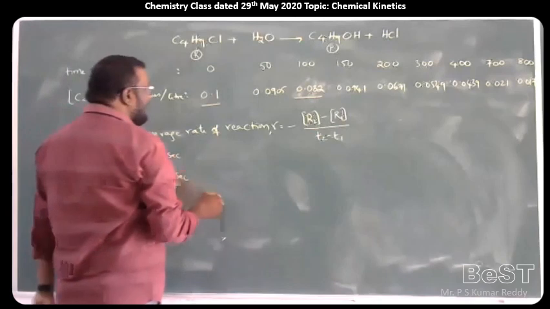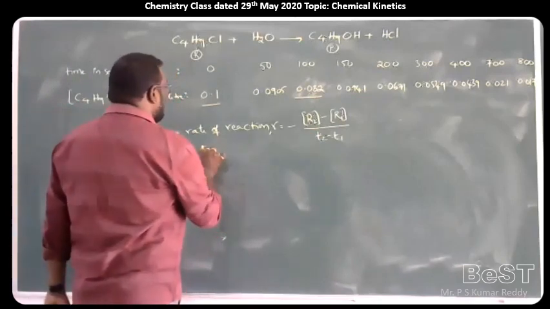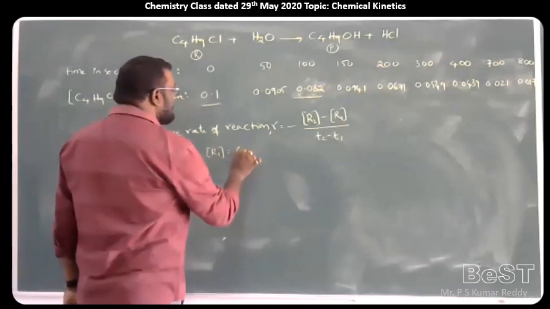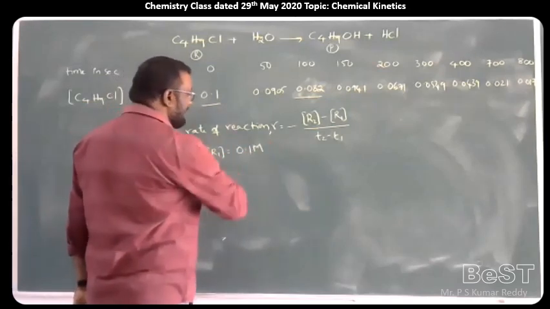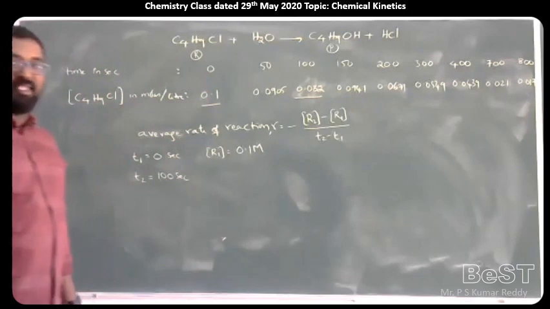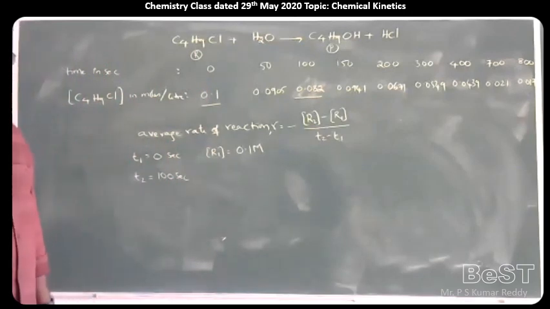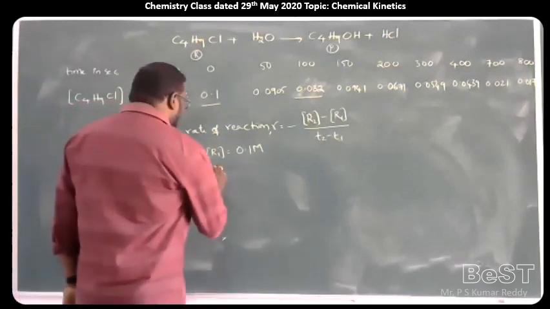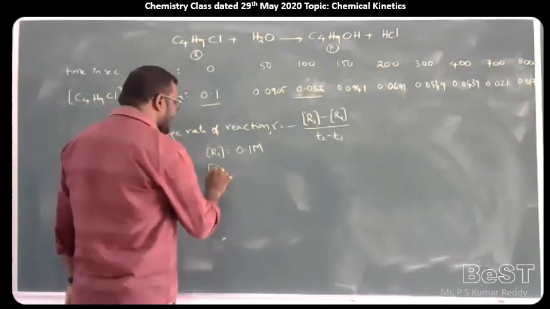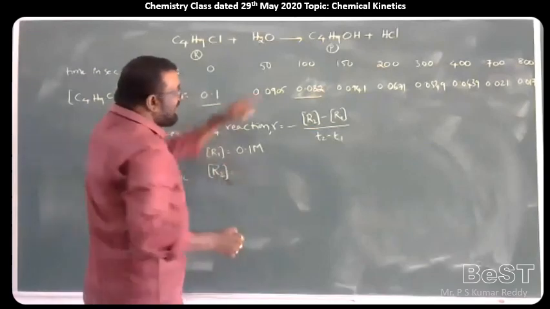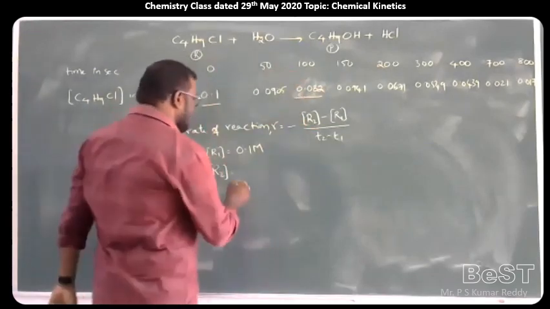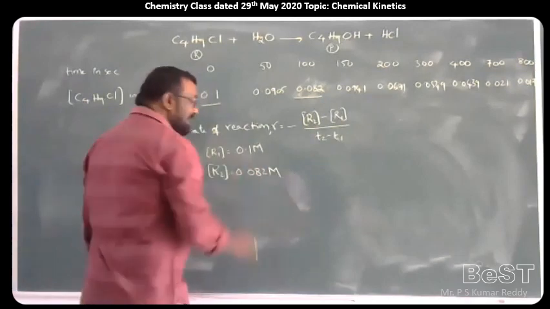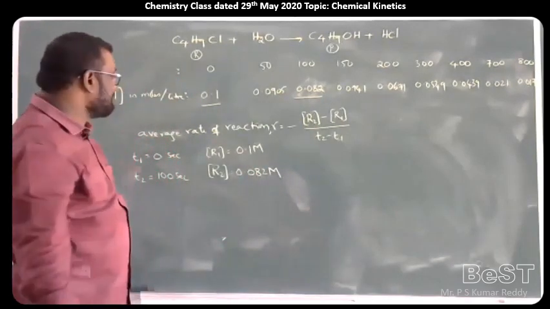Then at T1 time, the concentration R1 is 0.1 moles per liter. Capital M means moles per liter, or molar. In the same way, at T2, that is at 100 seconds, the concentration is 0.082 molar, that is moles per liter.